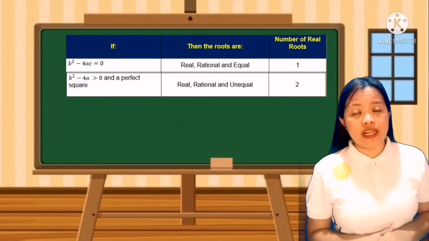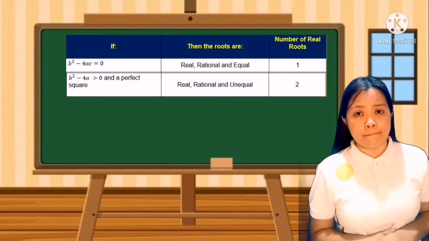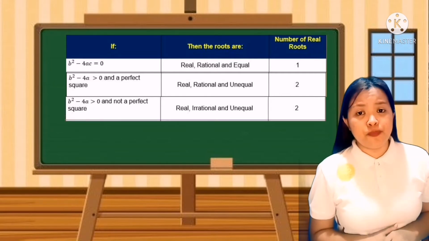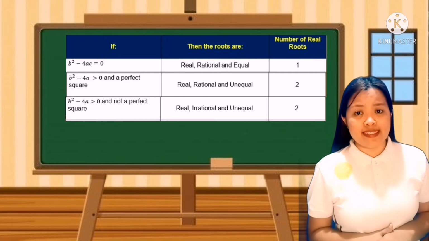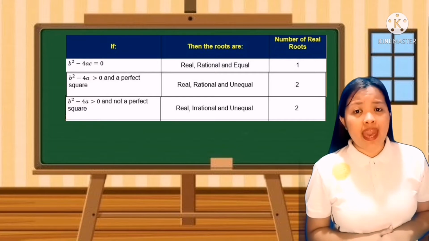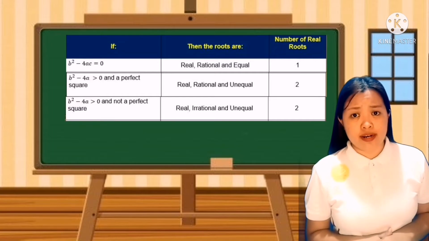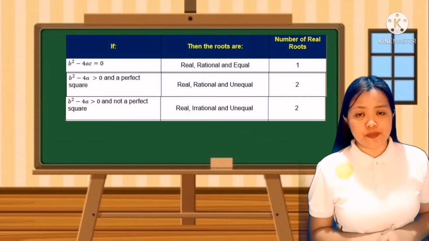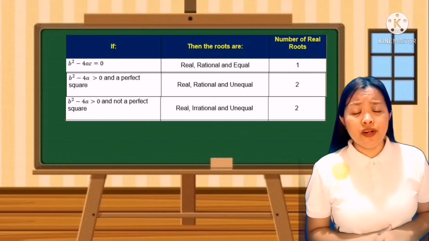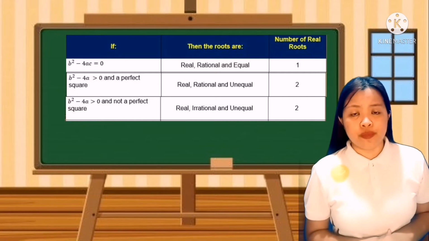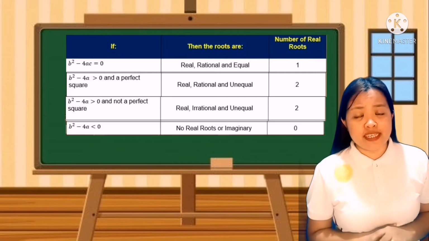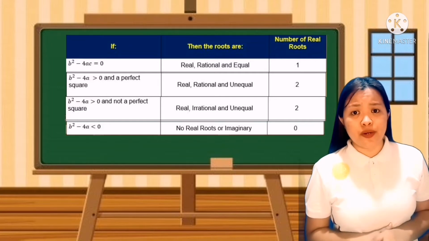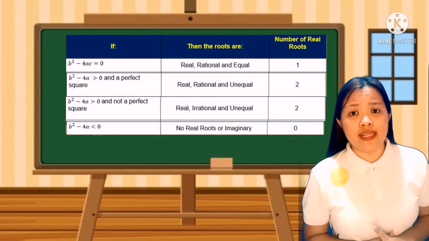The number of real roots is 2. If b squared minus 4ac is greater than 0 and not a perfect square, the roots are real, irrational, and unequal. The number of real roots is 2. However, if the discriminant is less than 0, there is no real root.